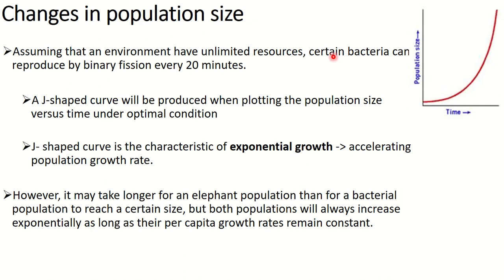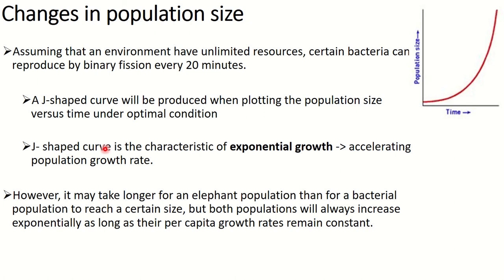If this bacteria can increase every 20 minutes you have a doubling. So you have this exponential rate of increase, and you have this shape of growth. And that shape, as you can see, looks like a J. So a J-shaped curve will be produced when plotting the population size versus time under optimal conditions. So we're looking at those things that might affect the ability of this population to increase.